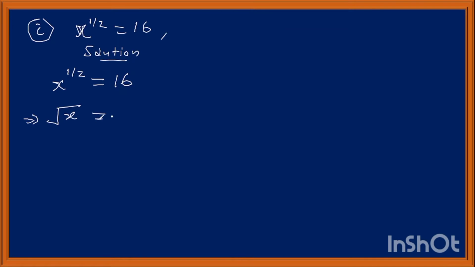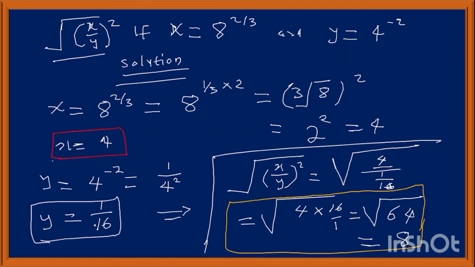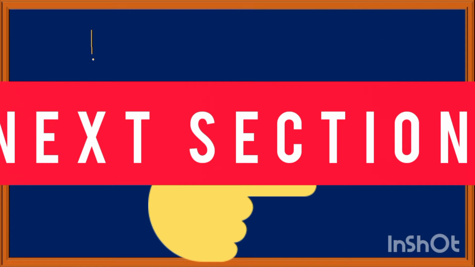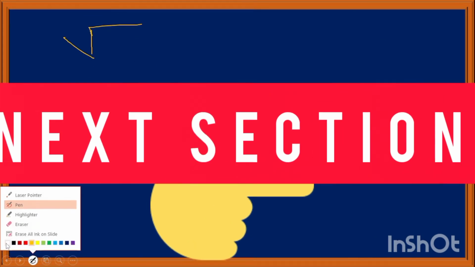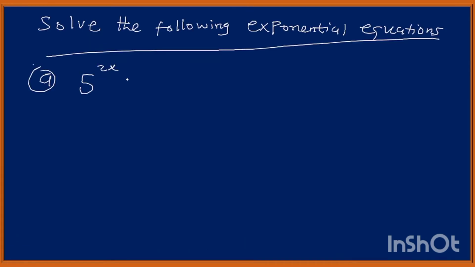Another way I can solve this is as follows. We have 5 to the power of 2x minus 26 times 5 to the power of x plus 25 is equal to 0.